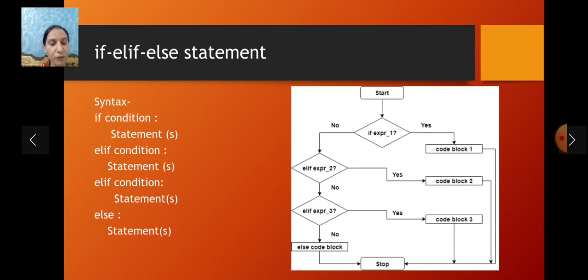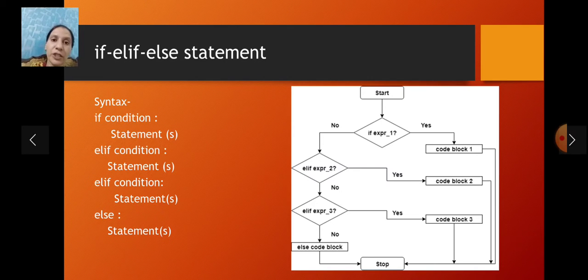If none of the conditions is true, then the final else statement will be executed, and control flows from top to down. So this is the syntax of how the if elif else statement works. Now, if the condition is true, then the statements associated with the if condition are evaluated.